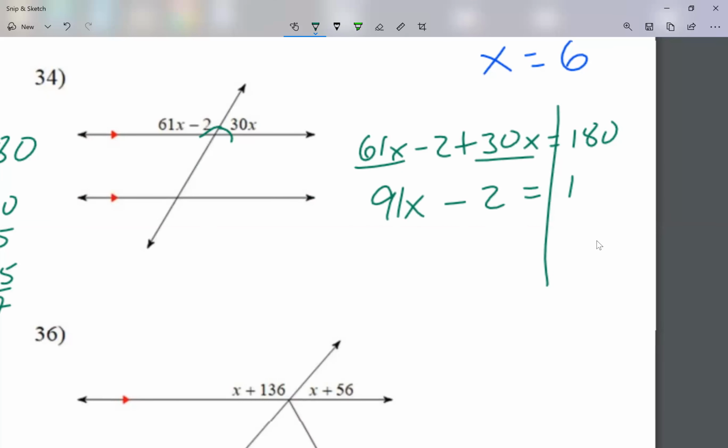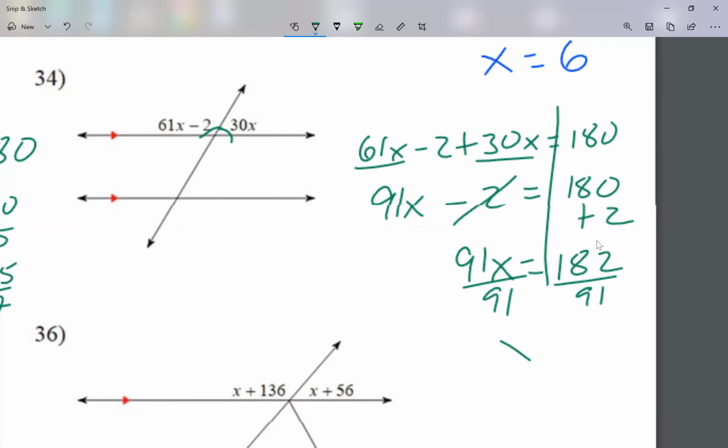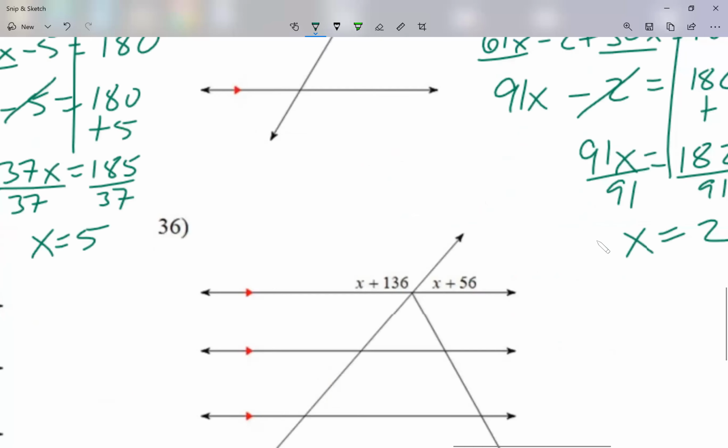Minus 2 is equal to 180. I want letters by themselves, so the minus 2, let me move it over as a plus 2. So 91x is equal to 182. Let me divide by the number in front of x, so divide by 91. x is equal to 2. That's easy, that's not bad.